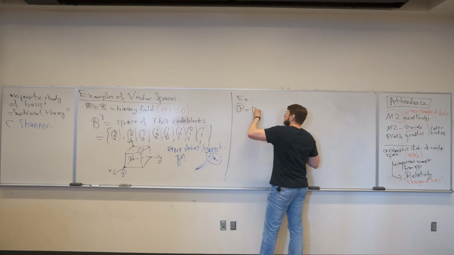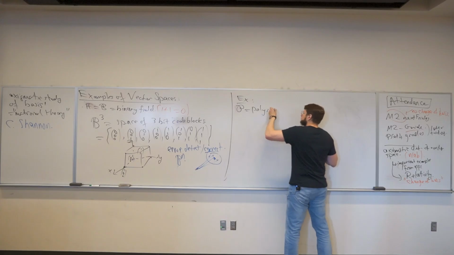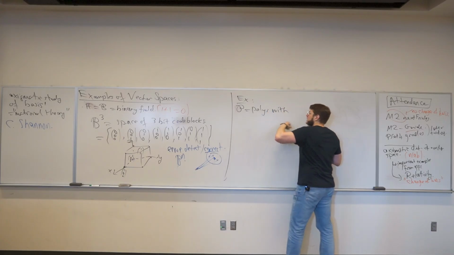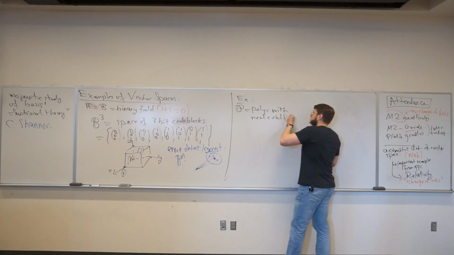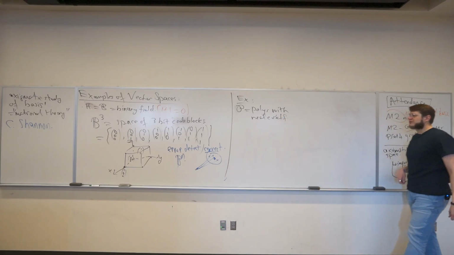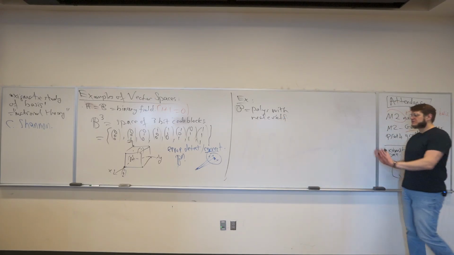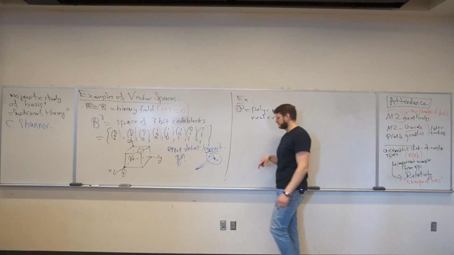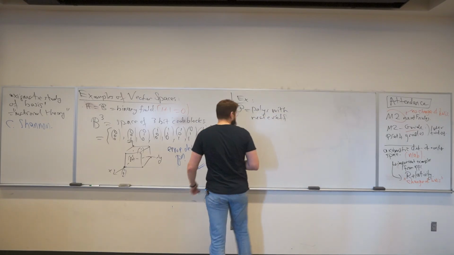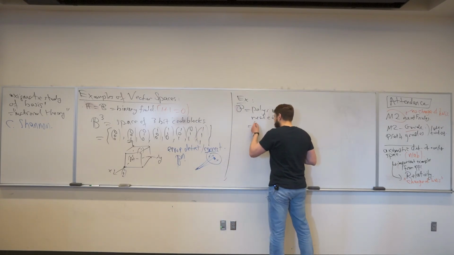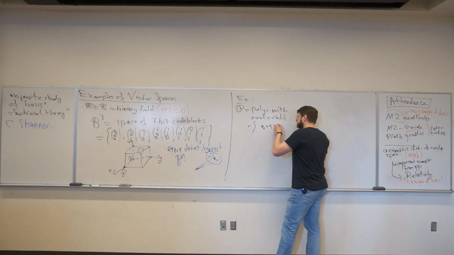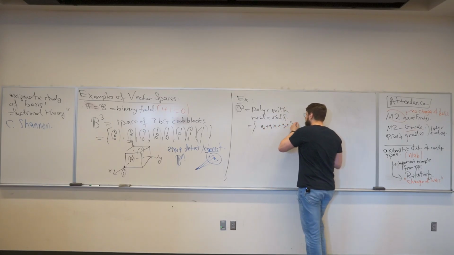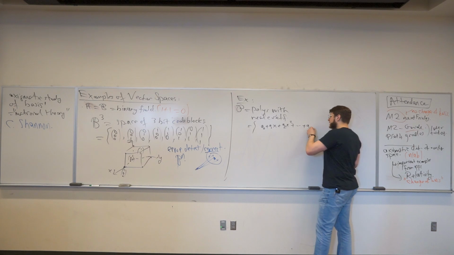So polys with real coefficients. You could do complex whatever. You could do binary if you wanted. But let's stick to the standard case. So this is the set of all expressions of the form a0 plus a1x plus a2x squared dot dot dot a sub n x to the n.